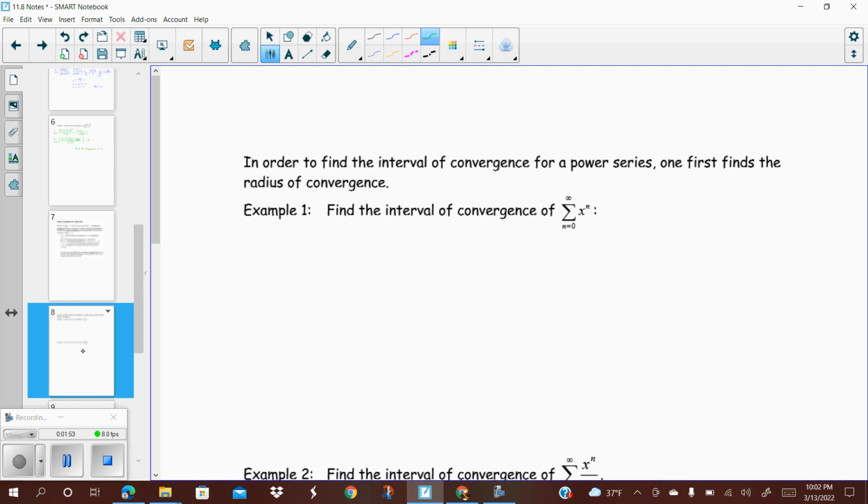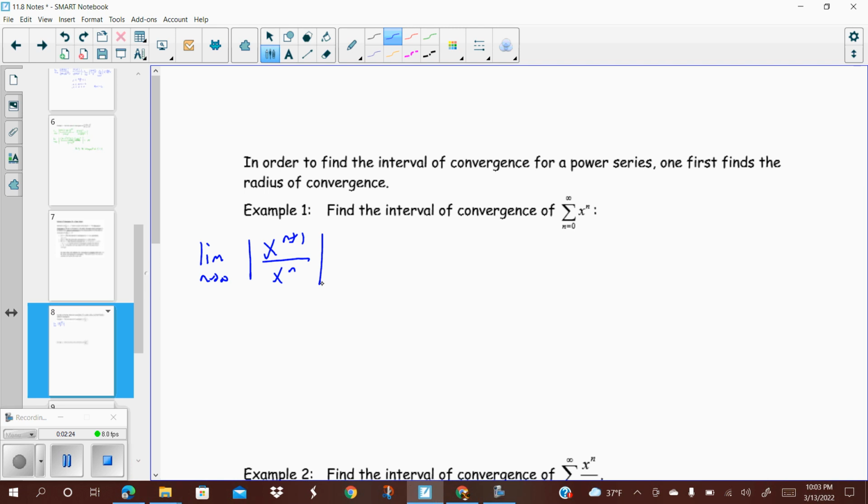Okay, first example. We want to find the interval of convergence of the sum of x to the n power. So the first thing we do is exactly what we did before. We're going to take the limit as n goes to infinity of the absolute value of x to the n plus 1 over x to the n. So the n plus 1 term over the nth term.